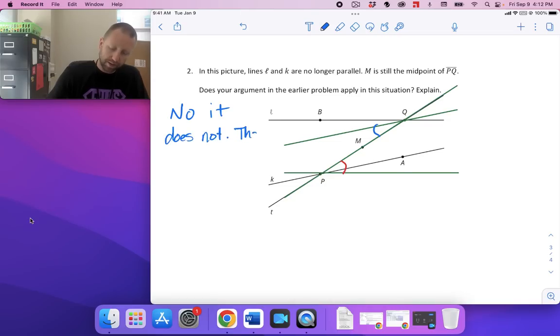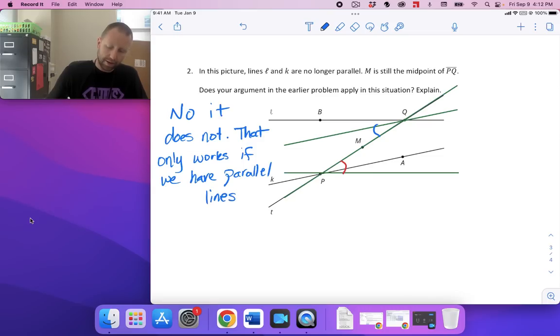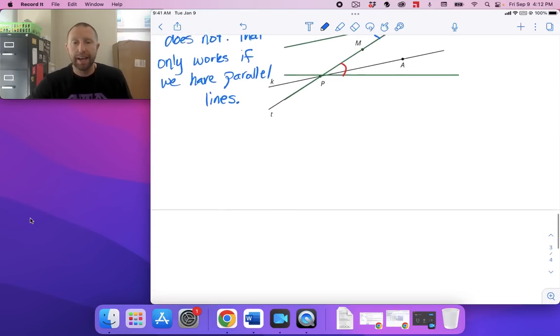That only works if we have parallel lines. Yeah, I know my handwriting's terrible. It's just not that easy to write on the iPad.